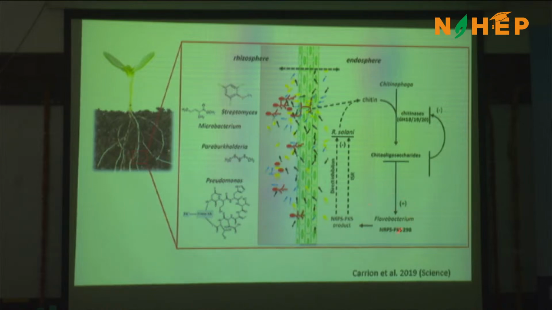And Flavobacterium then produces these secondary metabolites that inhibit the growth of Rhizoctonia solani. This is how we think it is working. And now we have a PhD student working on this project together with Josh and me, and she's focusing mainly on this part.